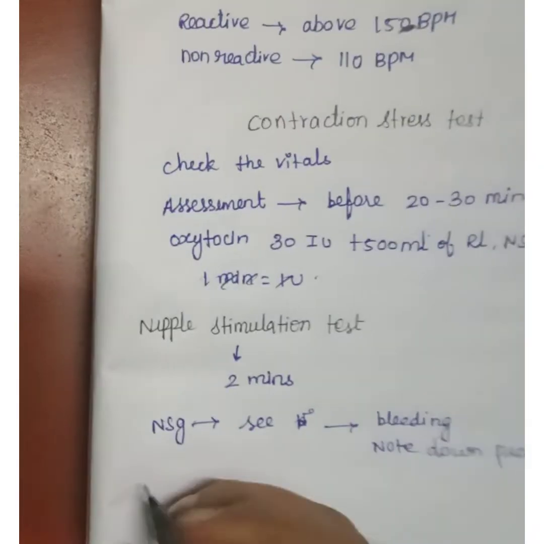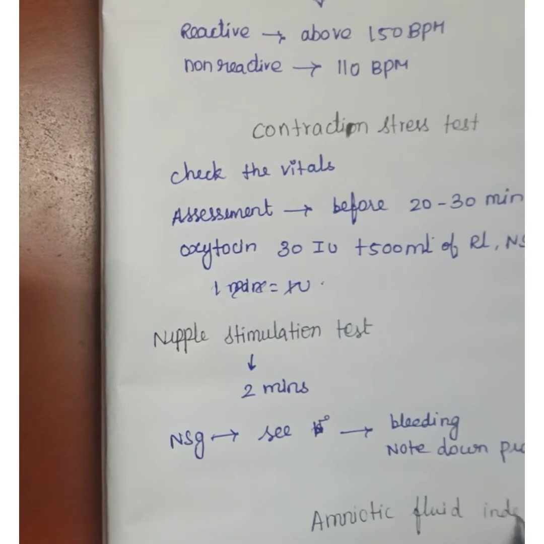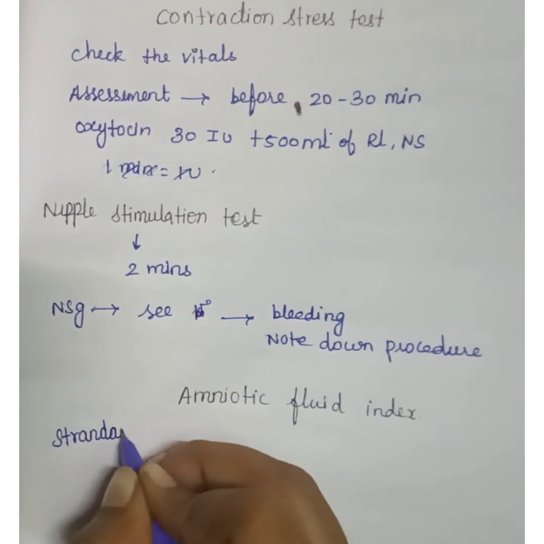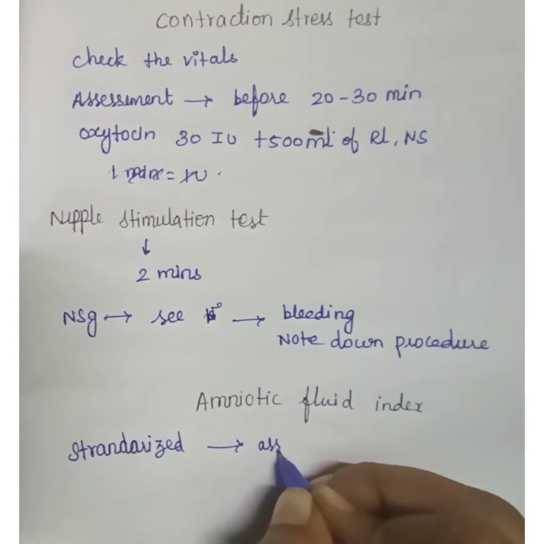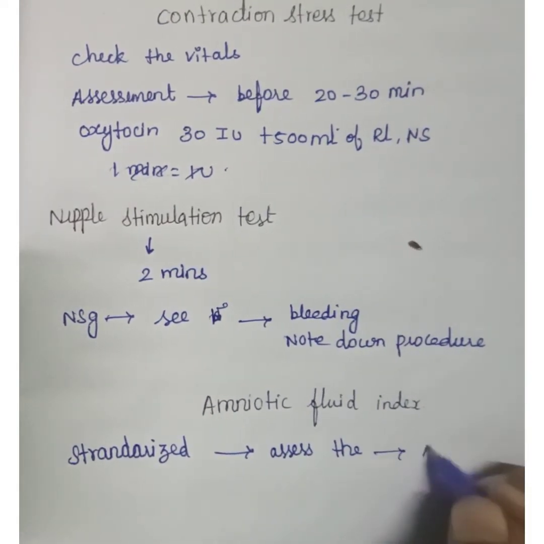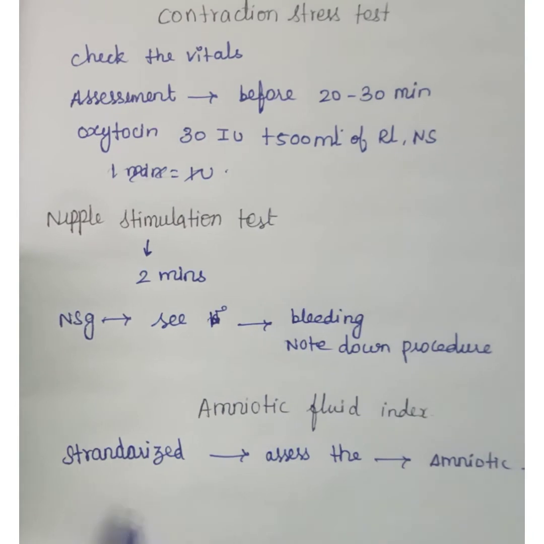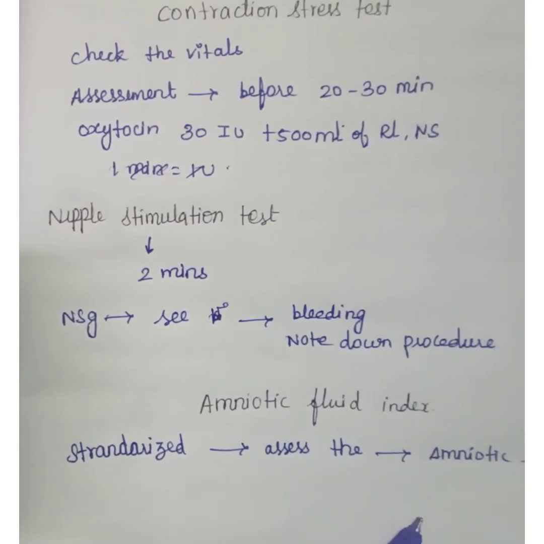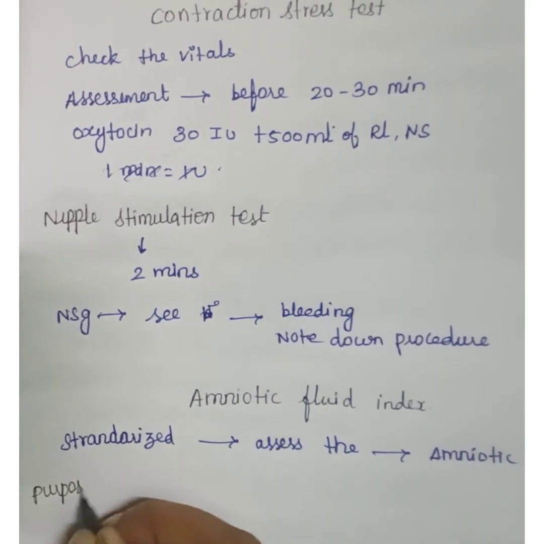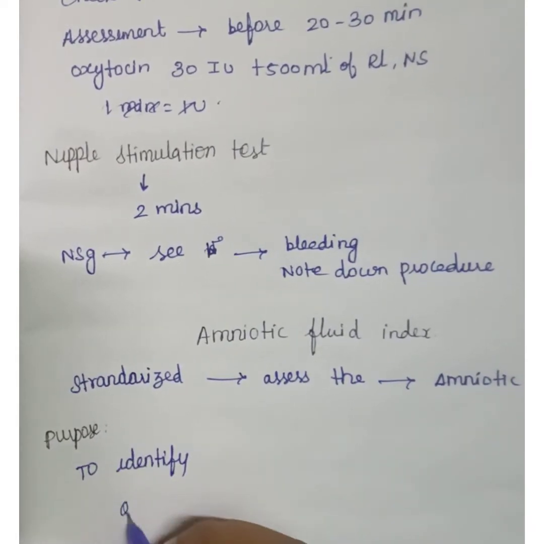Next one is amniotic fluid index. It is a standardized way to assess the sufficiency of amniotic fluid quantity during pregnancy. What is the purpose? It is to identify oligohydramnios and polyhydramnios.